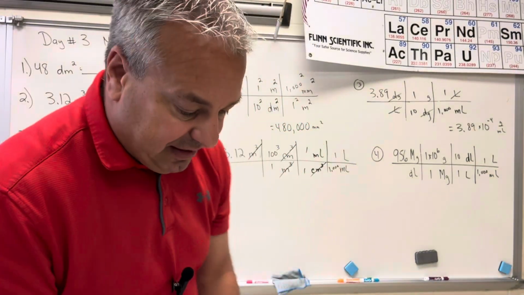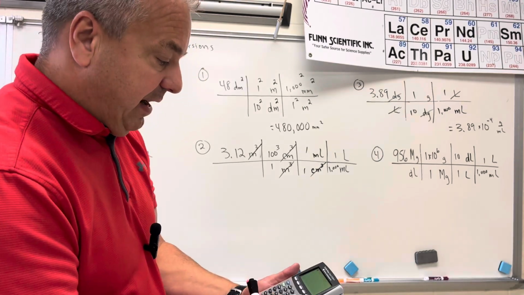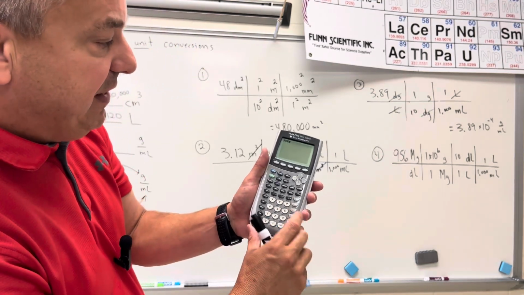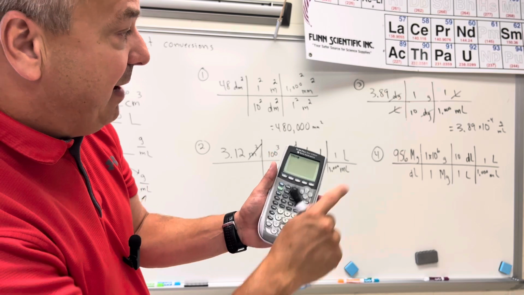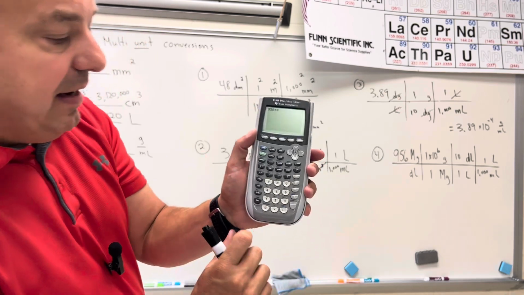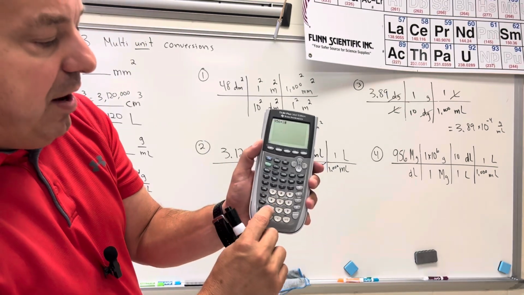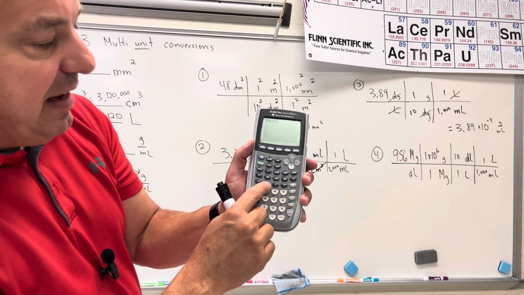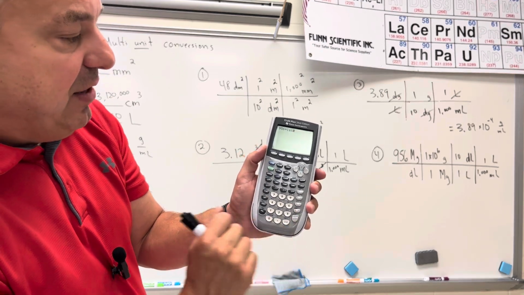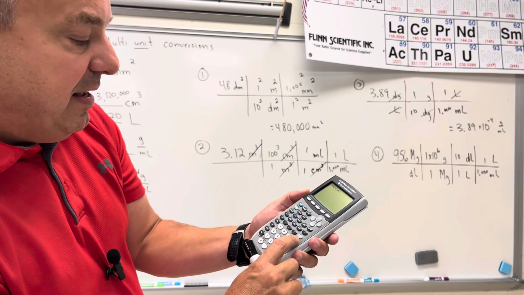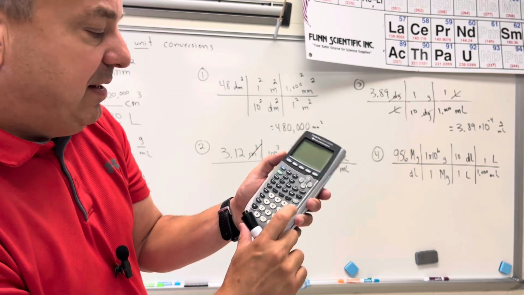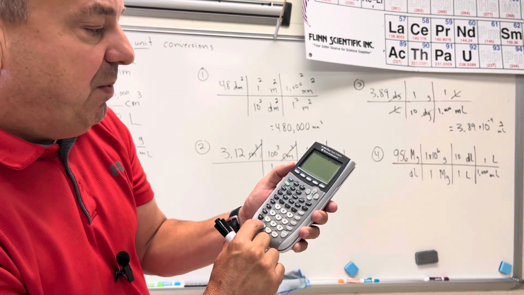Now we've got to put this in our calculator to get our answer. So 956 times 1 times 10 to the 6. I'm going to do 1, hit the second button and the comma to get the E. So that's 1 times 10 to the 6 times 10 divided by 1,000.